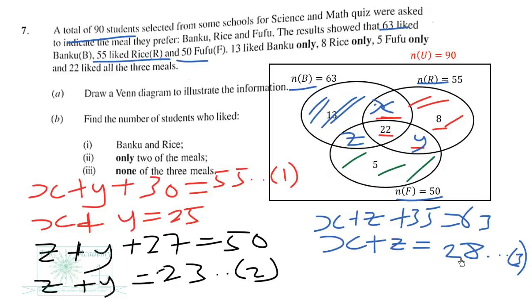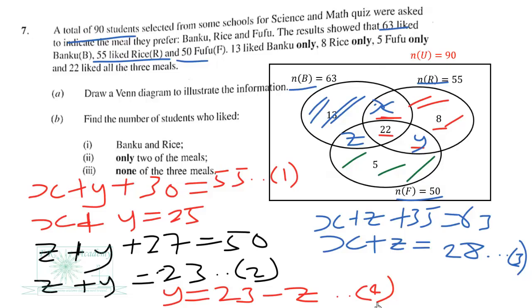We can make y the subject in one of the equations. Let me make y the subject in equation 2. So in equation 2, y will be equal to 23 minus z. Now let me put this equation, equation 4, into equation 1.